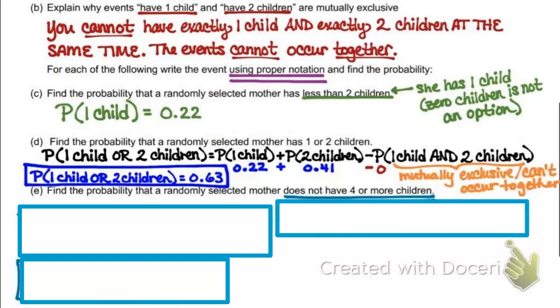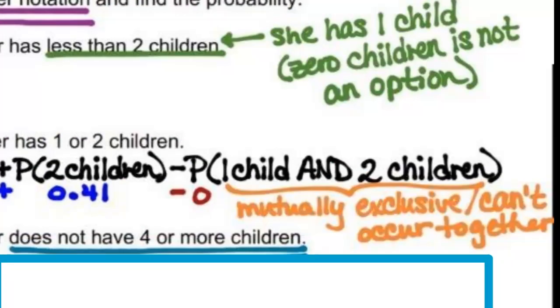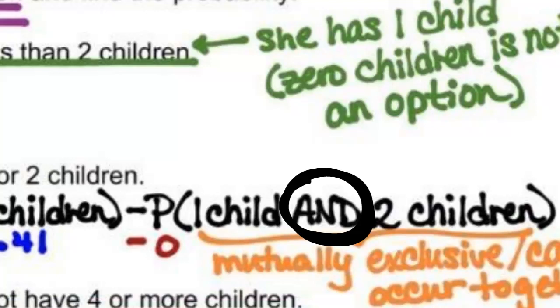One other thing that I want to point out before we go and look at the last part, part E here. In this notation, common notation for or looks like a capital letter U without the stick on it. This is or. Another word for that is union. That's why it looks like a capital letter U. And we have additional notation for that. This one looks like an upside down U with no stick on it.